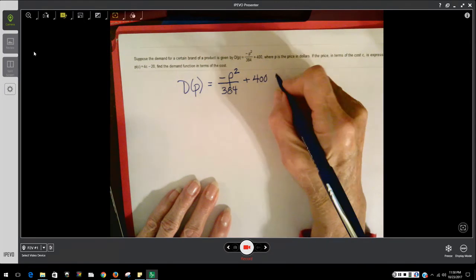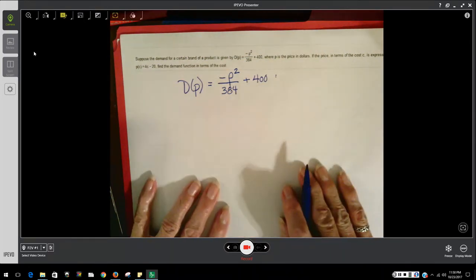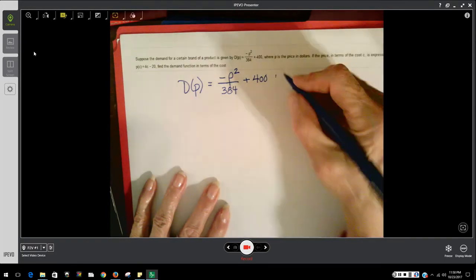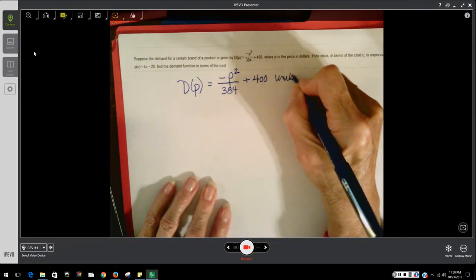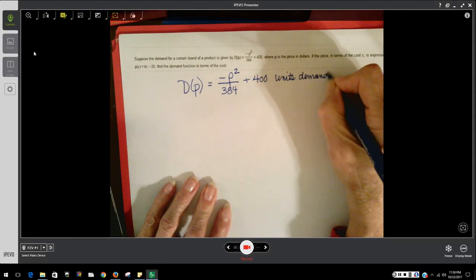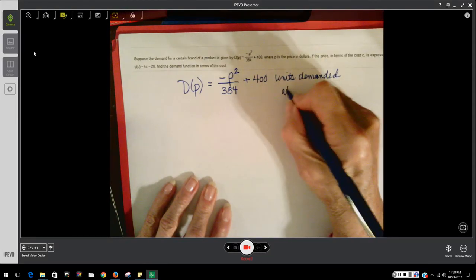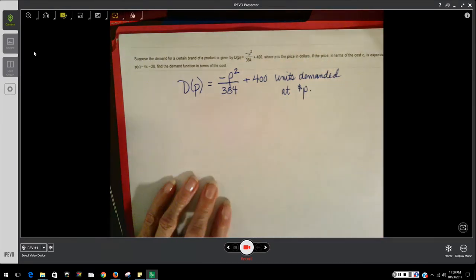And P is in dollars, and the demand is for the number of units. So the units demanded at price P, or P dollars.